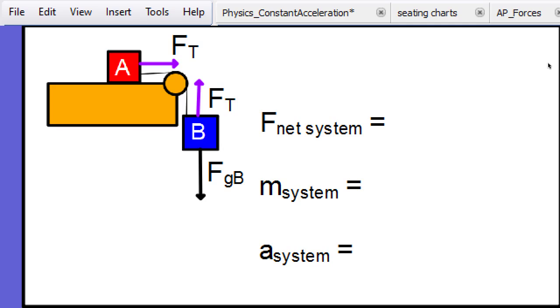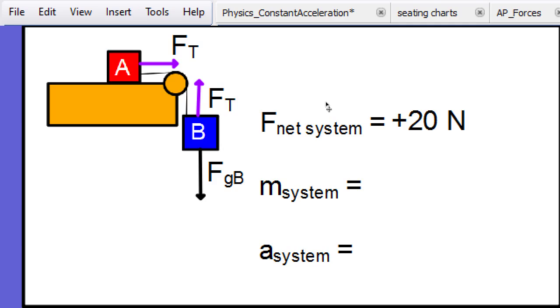What is that going to look like? Well, net force of my system, that's going to be 20 newtons downward from force of gravity. And then the two tension forces. I don't know what those are, but they cancel each other out, so I don't care. Why did I make it positive? Because to the right and down is defined as the positive direction for this problem. Forward is positive. What's the mass of my system?